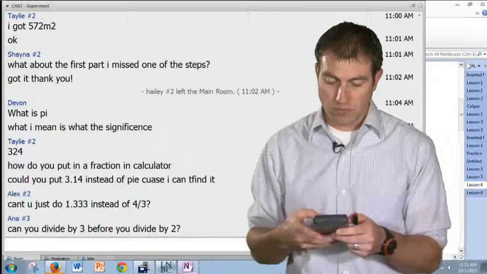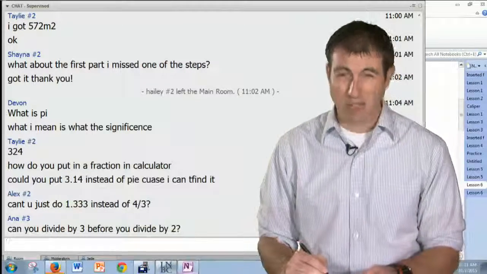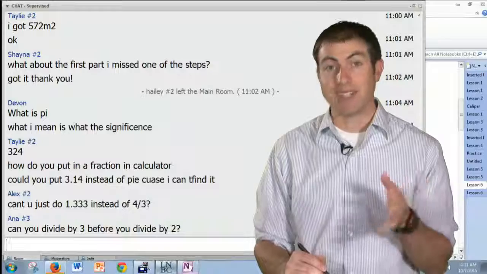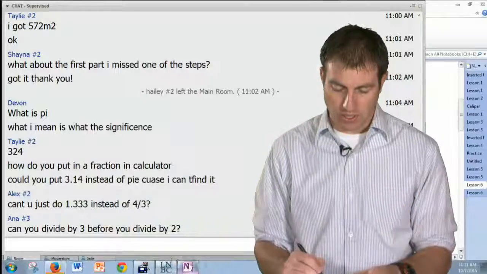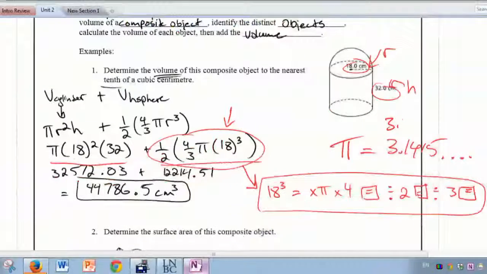It's 3.14159. If you have a scientific calculator, that button exists somewhere. You just need to find it. But for pi, I would go 3.14159 if I was going to approximate it, instead of 3.14, because 3.14 isn't going to be enough digits to get the right answer.